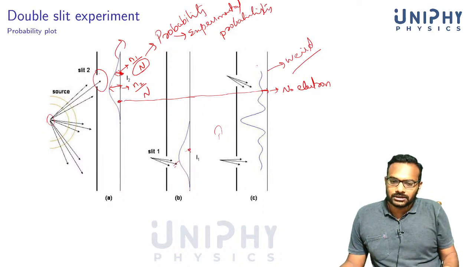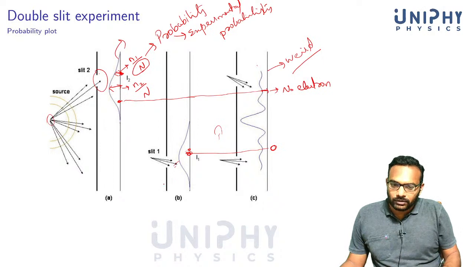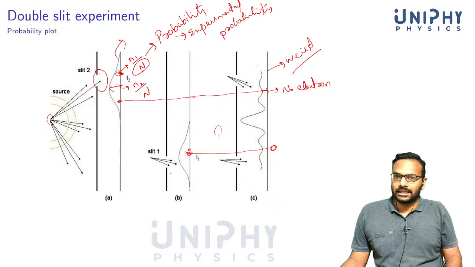Similarly, there were electrons here when slit 1 was open. Take this point. When slit 2 is open, the number of electrons that has fallen here is 0, but when slit 1 was open, there were electrons that actually fell at this point. So the electron seems to behave differently depending on whether you have opened one slit or both slits. I hope this point is clear.